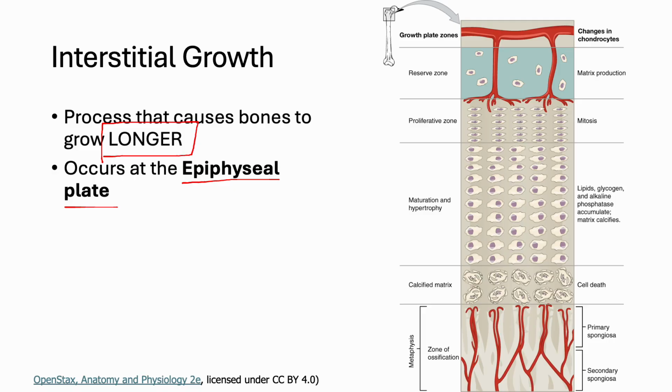That is the portion where we would continue to have growth occurring to lengthen those bones. So we're going to go step by step through this image on the right and go through the phases. But I want to point out that where this is occurring is in the area of the epiphyseal growth plate, because there's still cartilage present in that region of long bones.